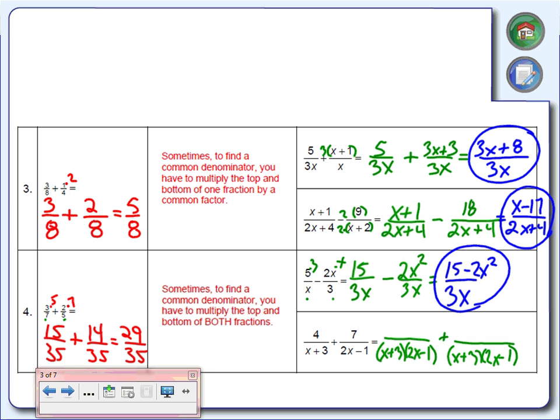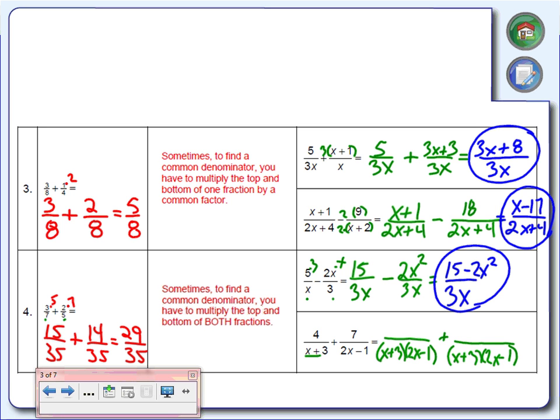Again, I'm not going to multiply it out just yet. And there's a couple of reasons for that. The first reason is it's going to make things a lot easier to see what we need to multiply the top by. So if you look here, I went from having an x plus 3 on the first fraction to x plus 3 times 2x minus 1. So my question is, what did we multiply by to get that common denominator?